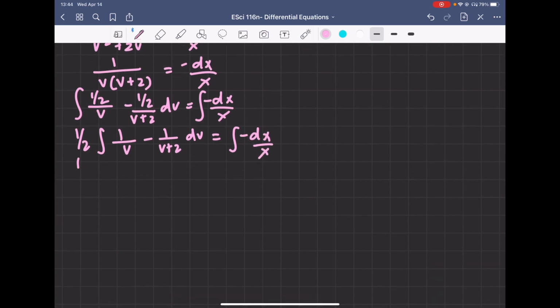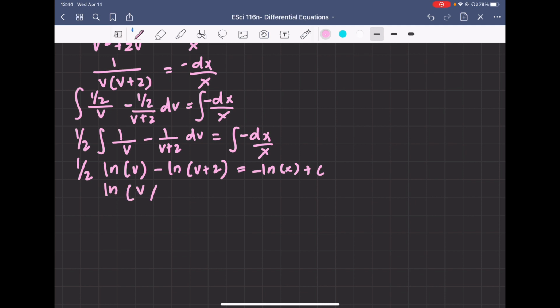Therefore, we have 1/2 ln v minus ln of v plus 2 equals negative ln x plus c. This can be rewritten as ln of v over v plus 2, raised to the power of 1/2, equals negative ln x plus c.